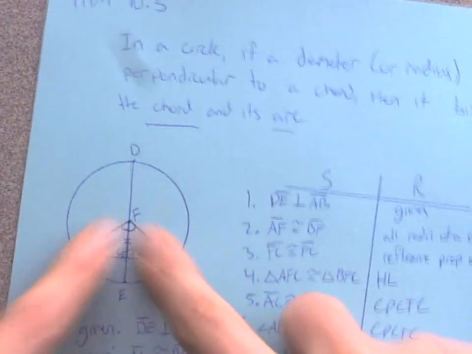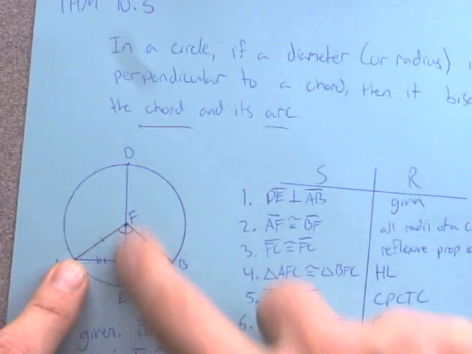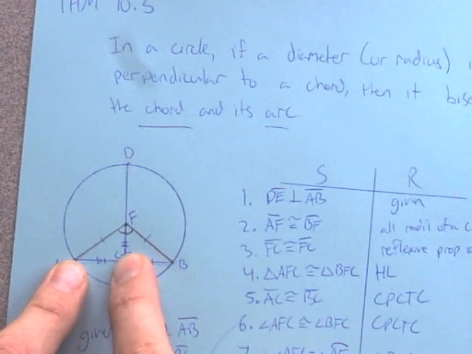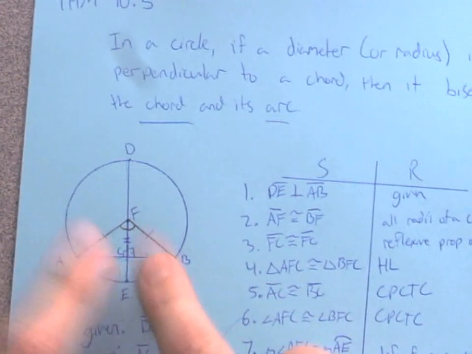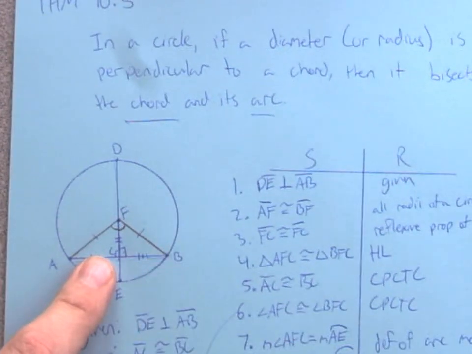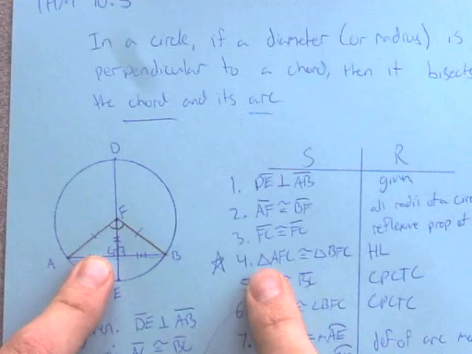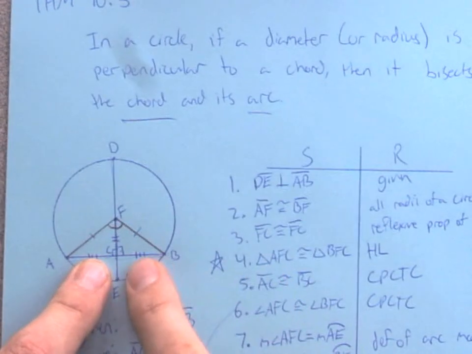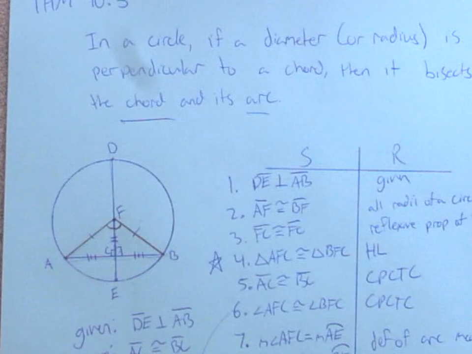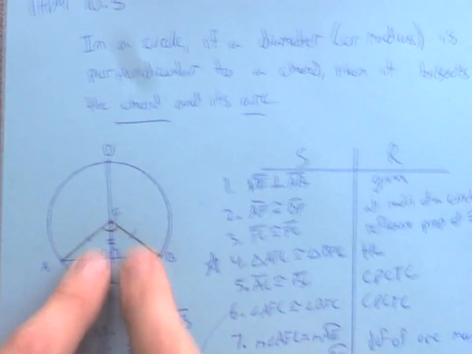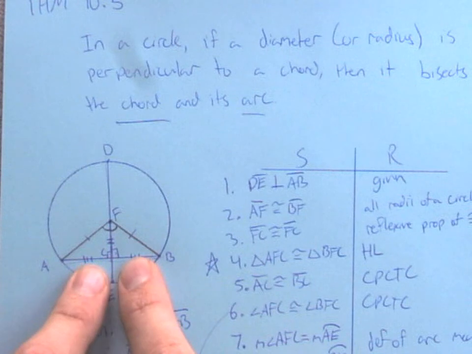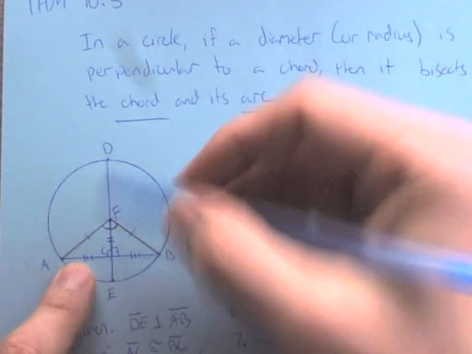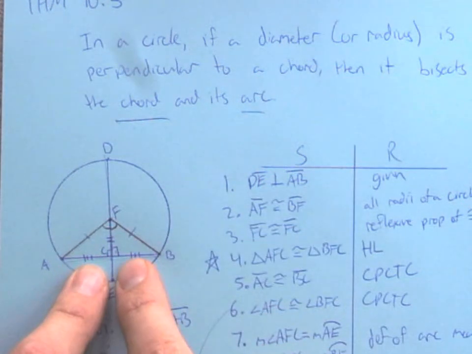Because the two radii match each other, and the triangles both share this side here. So hypotenuse leg gives us that these two triangles are congruent. That's a key, so step 4 is one of the super key ideas. From there, if the two triangles are congruent, then their corresponding parts are congruent, which means these two segments are congruent. Awesome. Now we know that DE bisects AB.